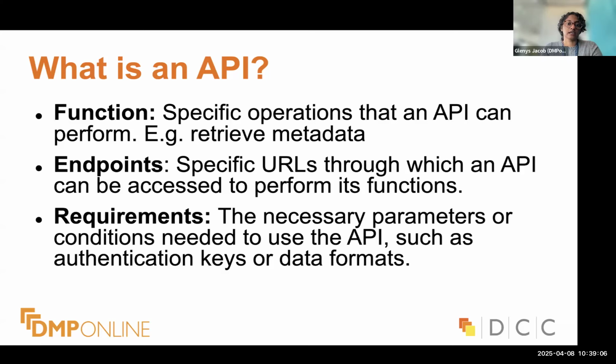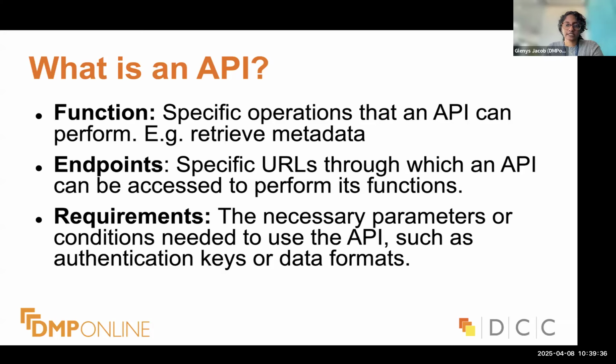Functions are specific operations that an API can perform, for example retrieving data, sending data, updating it, and so on. Endpoints are specific URLs through which an API can be accessed to perform those functions. We will see examples of endpoints before and during the demo, so I will explain more about endpoints later on.